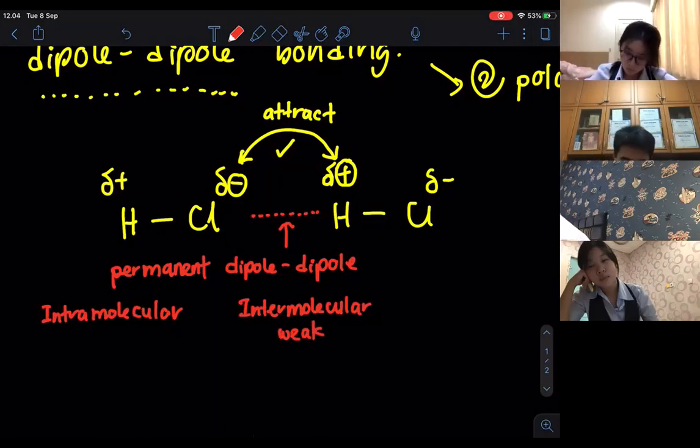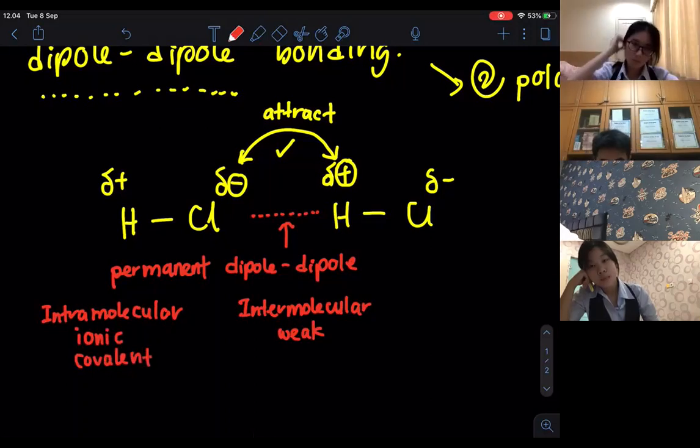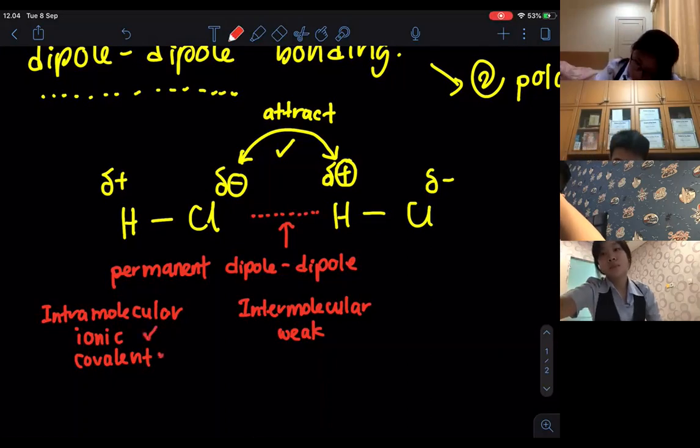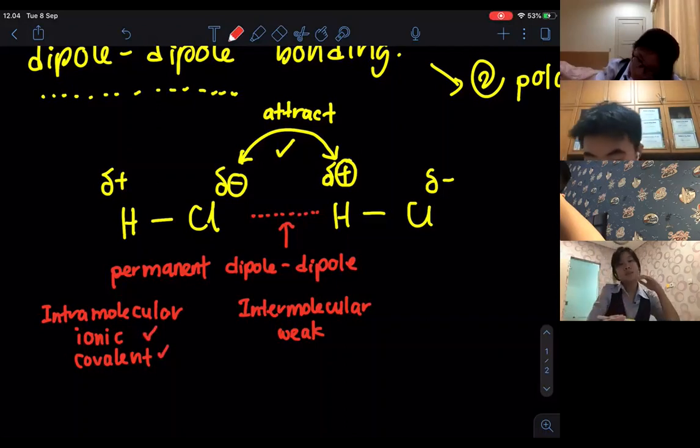It means that if I compare ionic bonding and covalent bonding, I know covalent bonding is weaker than ionic. But do remember intermolecular bonding is weaker compared to covalent bonding. It means these two, they are still strong.